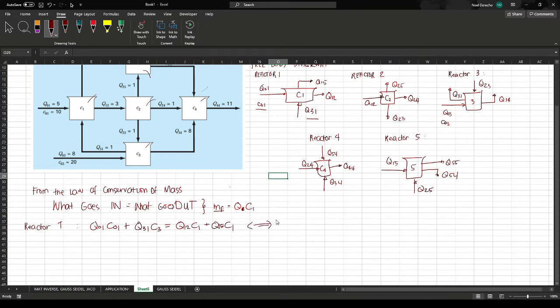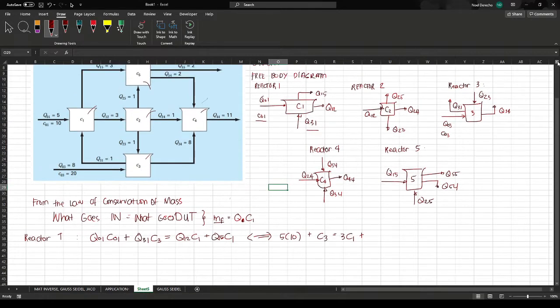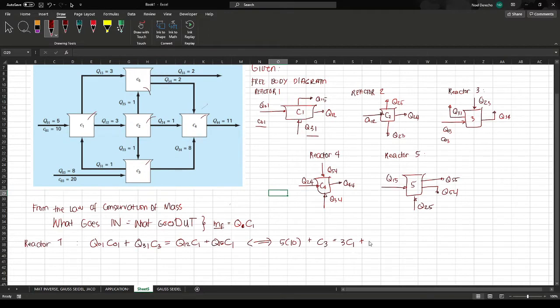Now we have values here, so we will plug in directly. That is 5 times 10 plus Q31, which is 1, and so this is C3, plus Q12, which is 3, C1, plus Q15, which is 3, C1.